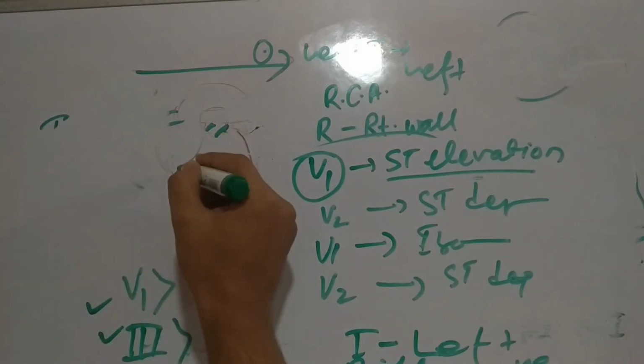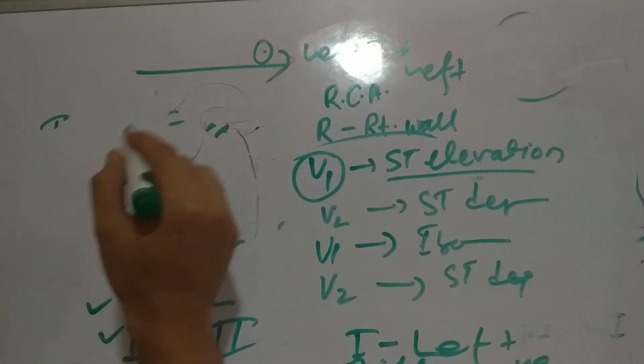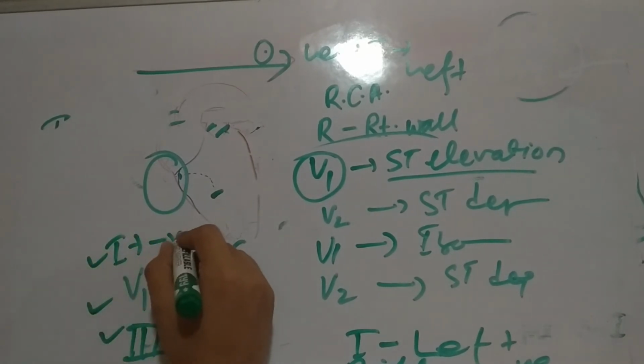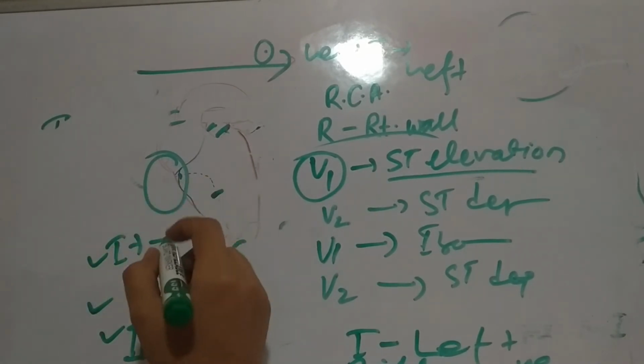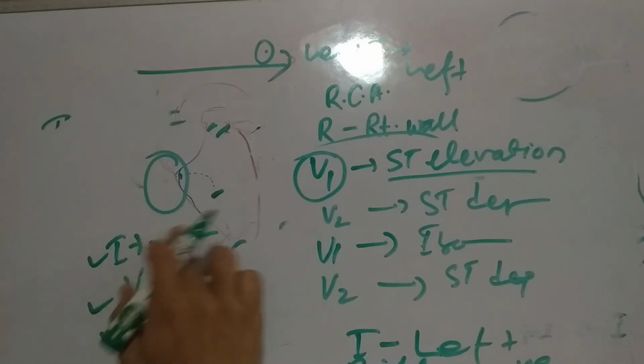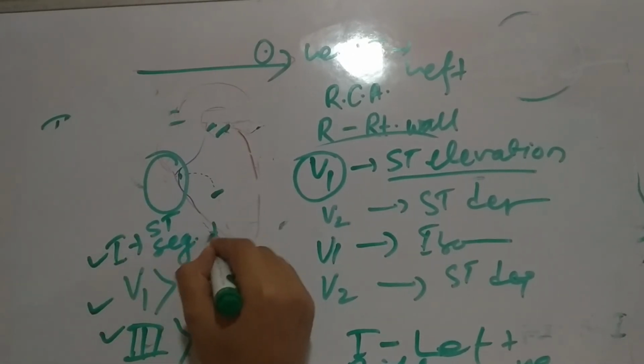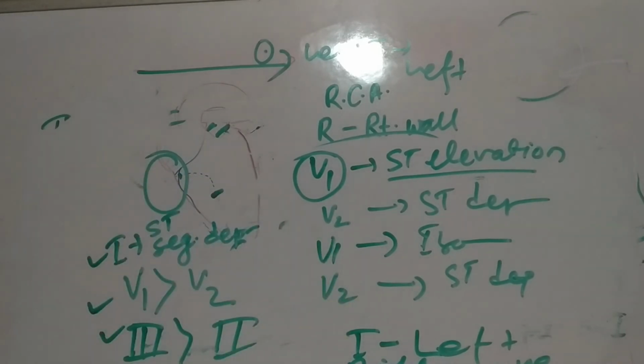So when there is right side pathology, lead 1 will have negative deflection. So lead 1 will have negative ST elevation, that means the ST segment will be depressed, okay.